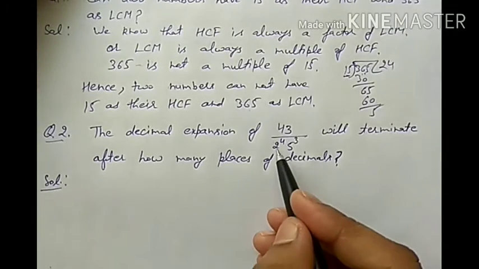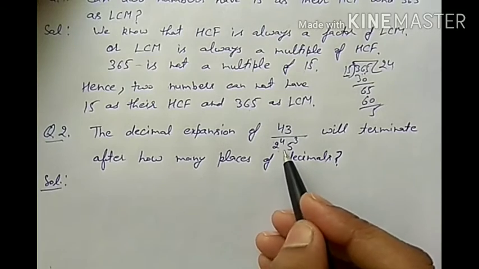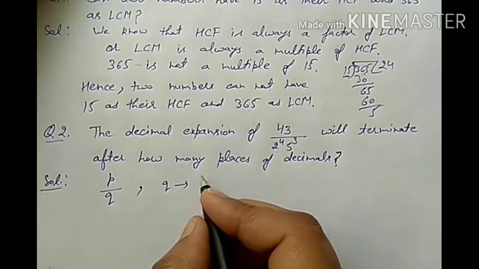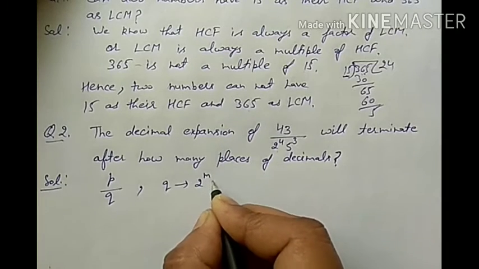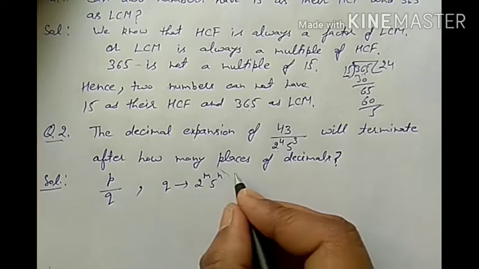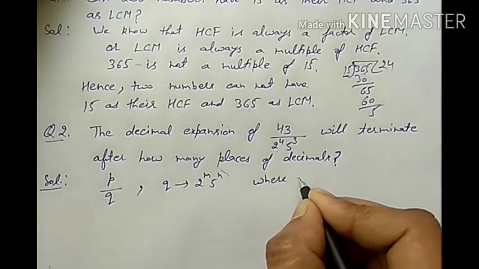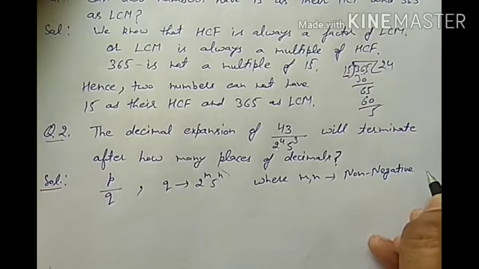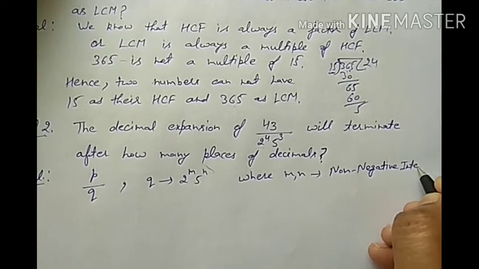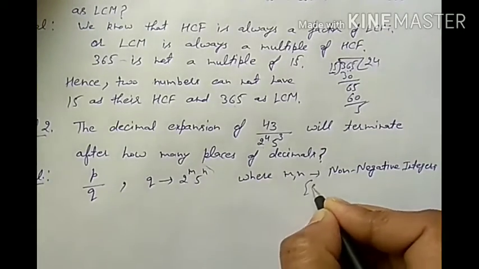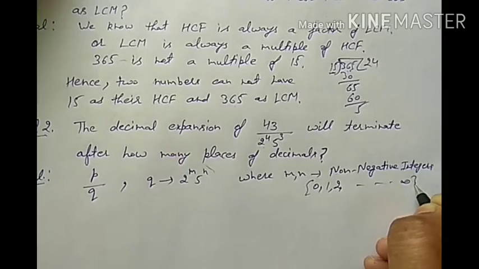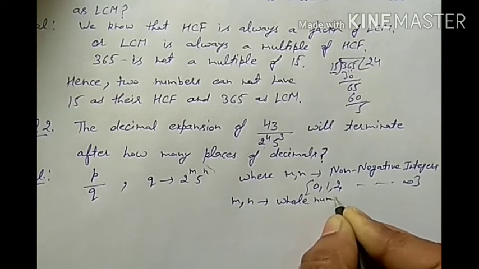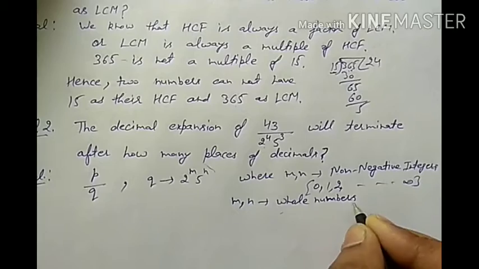We know that if we write a rational number in the form of p by q, and the prime factorization of q is in the form of 2 raised to power m, 5 raised to power n, where m and n are non-negative integers, the second name of non-negative integers being whole numbers, then it terminates.